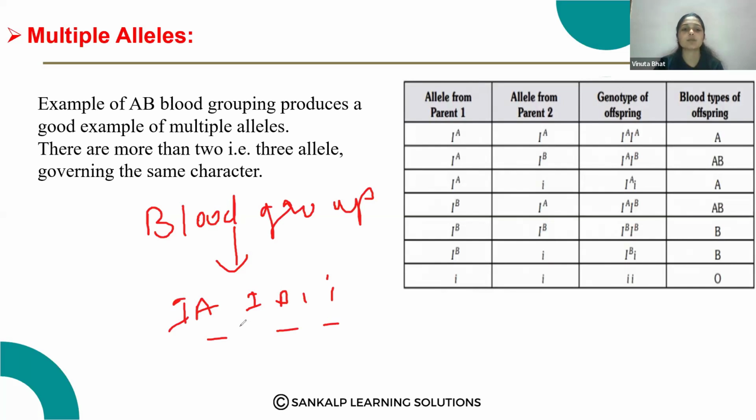So that is an example for multiple allelism. There are more than two alleles governing the same character, that is the blood group type, right? So this is an example for multiple alleles.